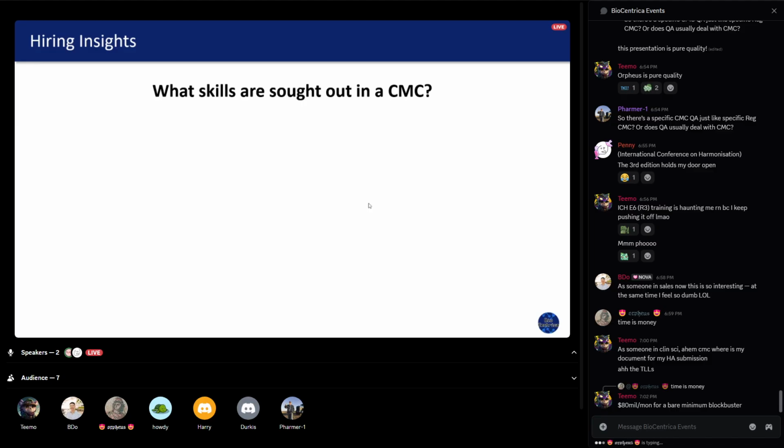Key insights. So what do we care about in CMC? We want prior experience. The best part about it is the fact that your lab experience is counted, essentially. If you've done wet lab, that's very relevant to analytical development.